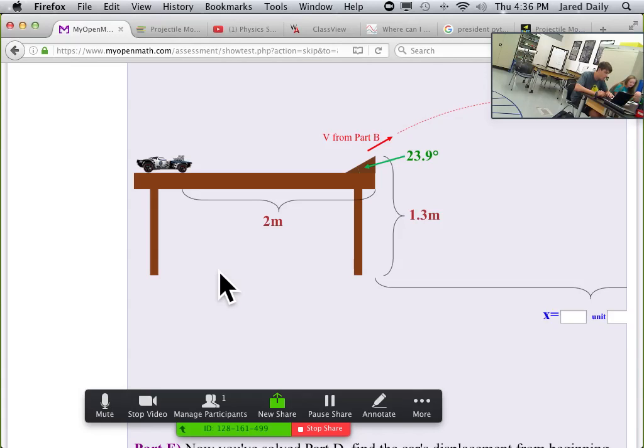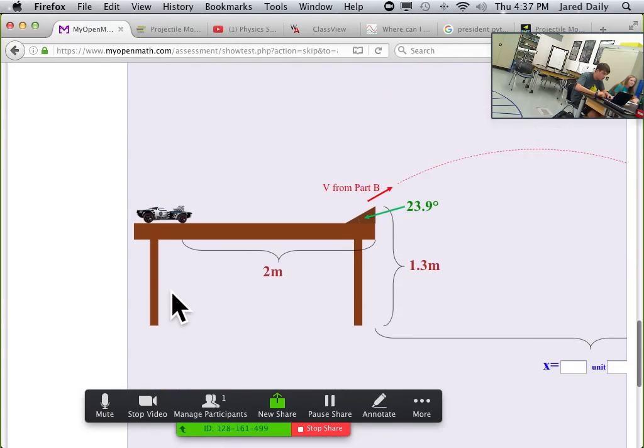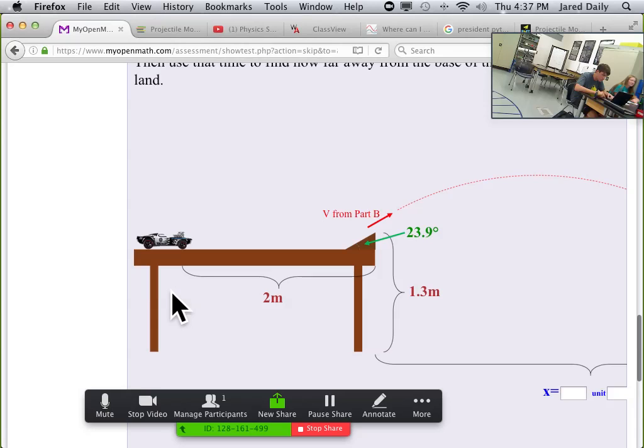That's the X. Yeah, that's right. You're calculating X in part D. So you already found the time, right?